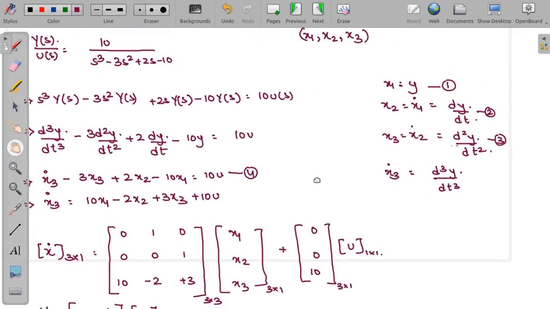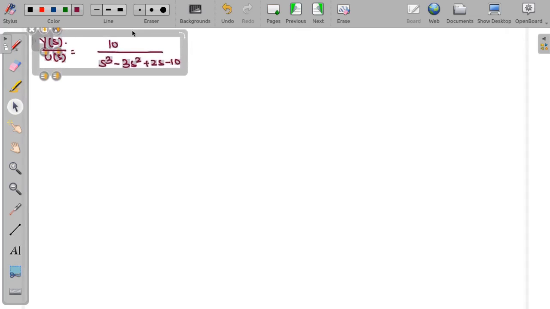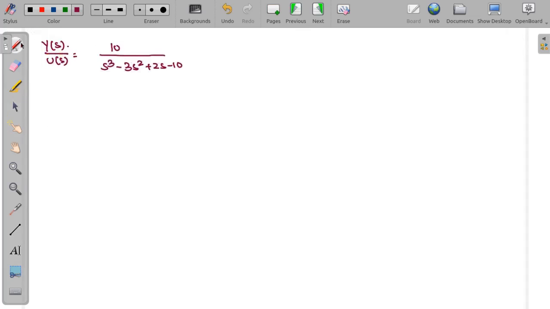Now what is the shortcut way of writing such a transfer function? So now look over here, whenever you have a transfer function in which your numerator is constant and the denominator has all the powers of s, how do we write the state model?